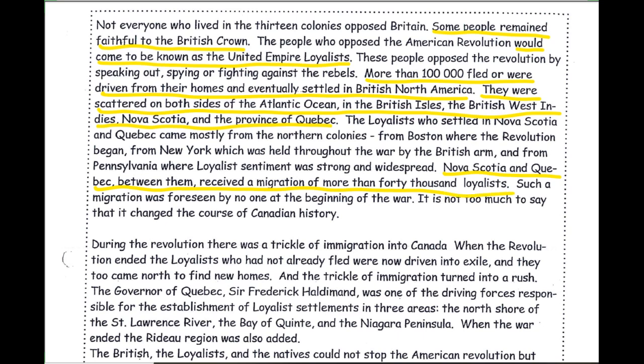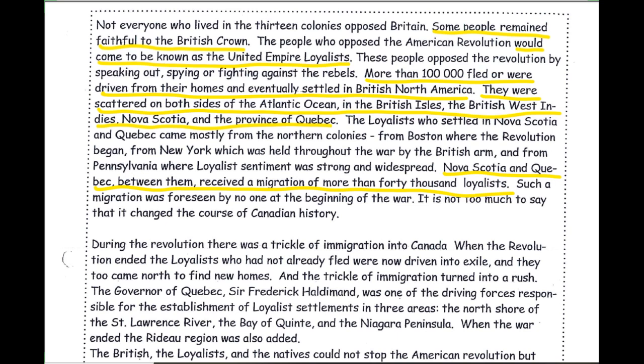Such a migration was foreseen by no one at the beginning of the war. It is not too much to say that it changed the course of Canadian history. So 40,000 of these Loyalists moved to Nova Scotia and Quebec. That is quite a big chunk of the original 100,000 who fled. Almost half.